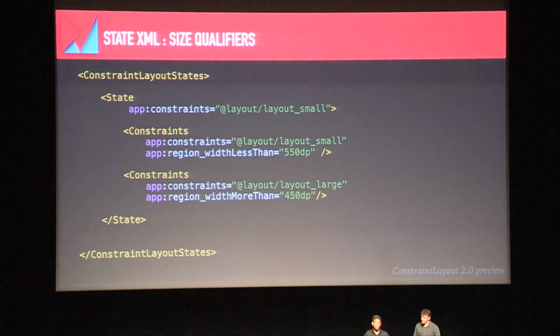Because on a Chromebook, you can actually resize the application, and when you resize it, it's constantly having to adapt. Now, constraint layout is good at that. It helps you with that. But even a constraint layout is sort of limited. And if I go from a little tiny layout to a very, very big layout, I probably want to change my layout considerably. In this particular case, we're going to have a few different states and a default state.